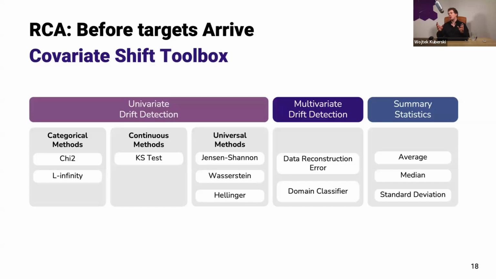First, univariate detection, which is summary statistics and the actual univariate detection methods that tell us what is happening with a single feature. Then we have multivariate detection, where we have two algorithms that allow us to detect change in the data structure. I'm not going to go too much in depth into any of the methods here, because we only have 45 minutes, but we have open documentation about any of those, and we're going to pick specific algorithms as an example of how to do root cause analysis.